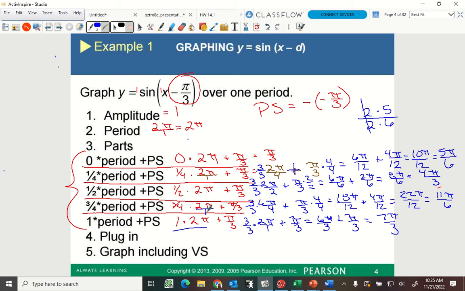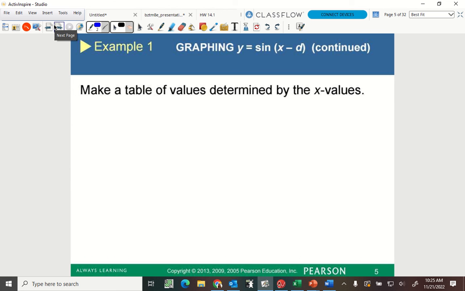We good? Okay, so now that we got those parts, let's go ahead and go to the plugin. But when I go to the plugin, I always go to the graph first. I know it says make this, but don't do that. I hate that. So my method does not require it. So where is my 0 part?